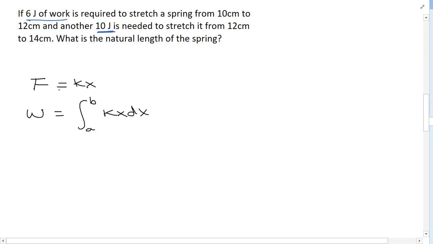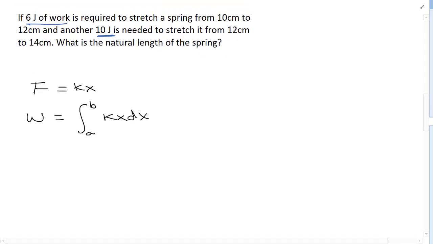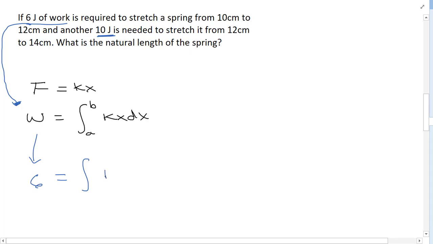Because I'm given work, I'm going to use this formula. So the work, 6, is equal to the integral from where to where of Kx dx. I don't have K in this case. And what are my limits of integration?